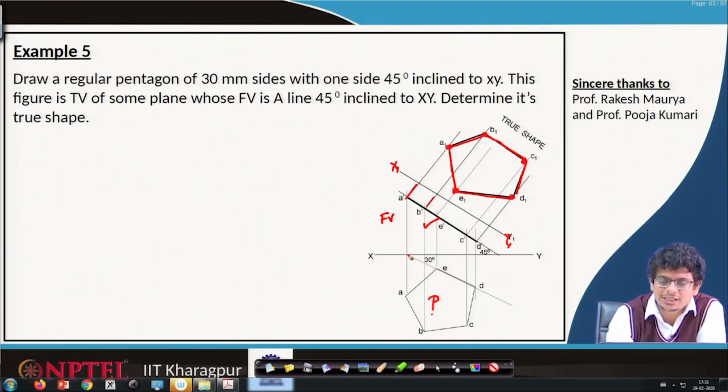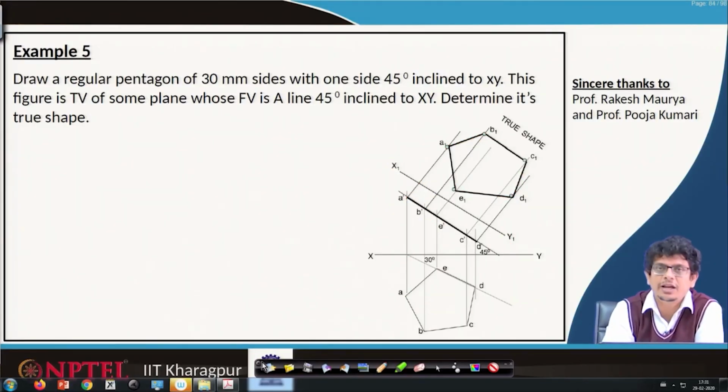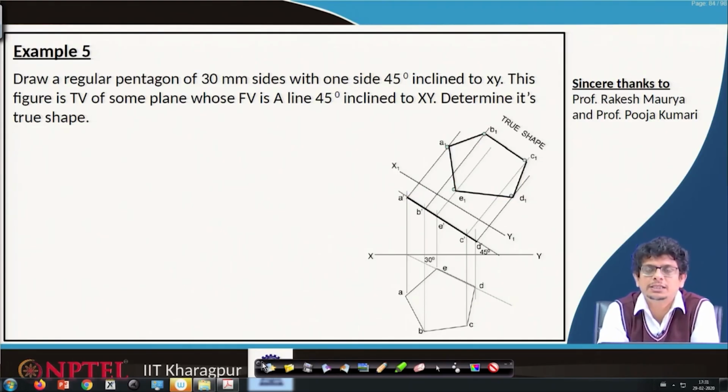Whatever distances we are seeing in the top view, those distances we remark from the auxiliary plane to construct the true shape. This is the way we construct true shapes by using the auxiliary plane method.